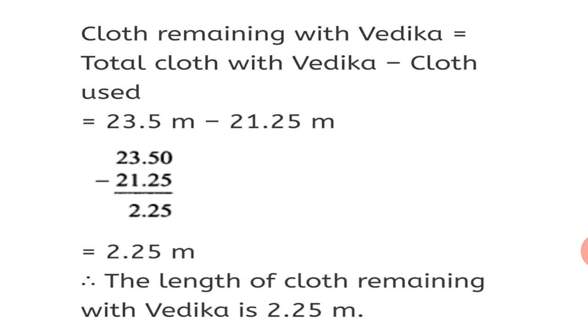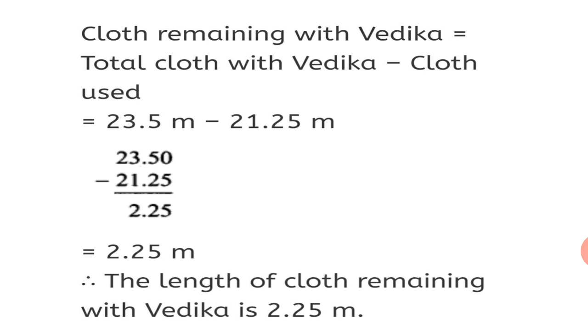Just now we multiplied and found that out. So operating 23.50 minus 21.25, the answer is 2.25. So it is equal to 2.25 meter. Don't forget to write the unit. Therefore, the length of cloth remaining with Vedika is 2.25 meter.